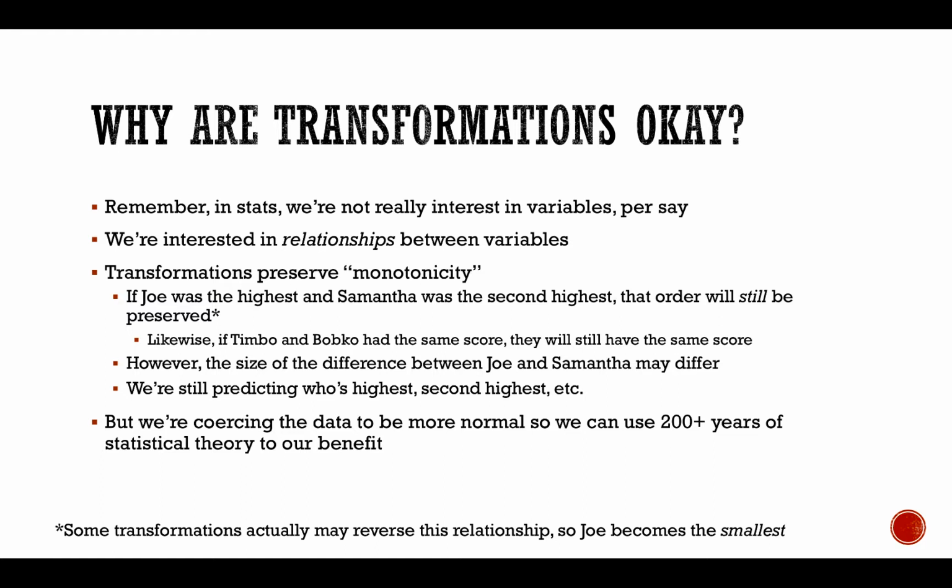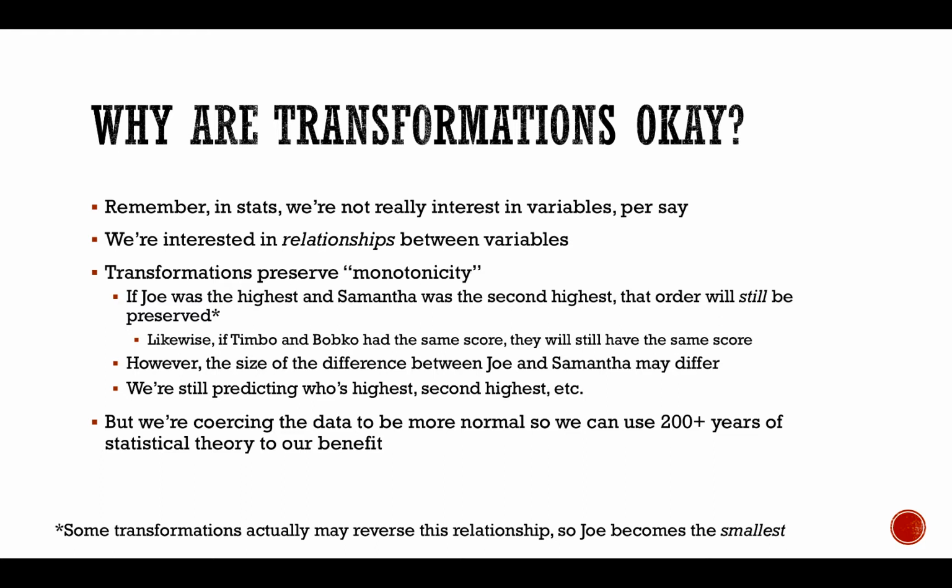Now there's that little footnote there that sometimes, like if you're doing an inverse transformation, Joe becomes the smallest rather than the largest value, and that's okay. Monotonicity is still maintained. However, what is different is that the size of the difference between Joe and Samantha may differ. Before transformation, the difference might have been huge, but after transformation, maybe the difference is much smaller.